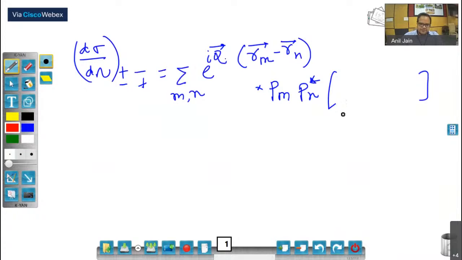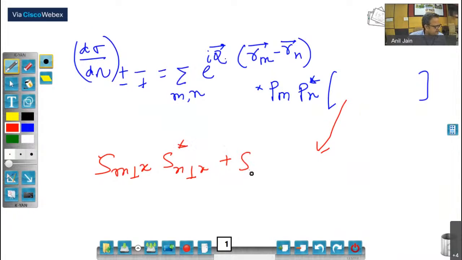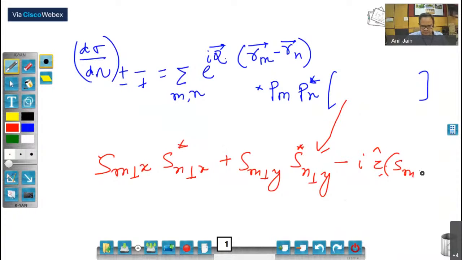The quantity in the bracket is S_m perp x S_n perp x plus S_m perp y S_n perp y minus iota S_m perp cross S_n perp star, where the star is the complex conjugate.